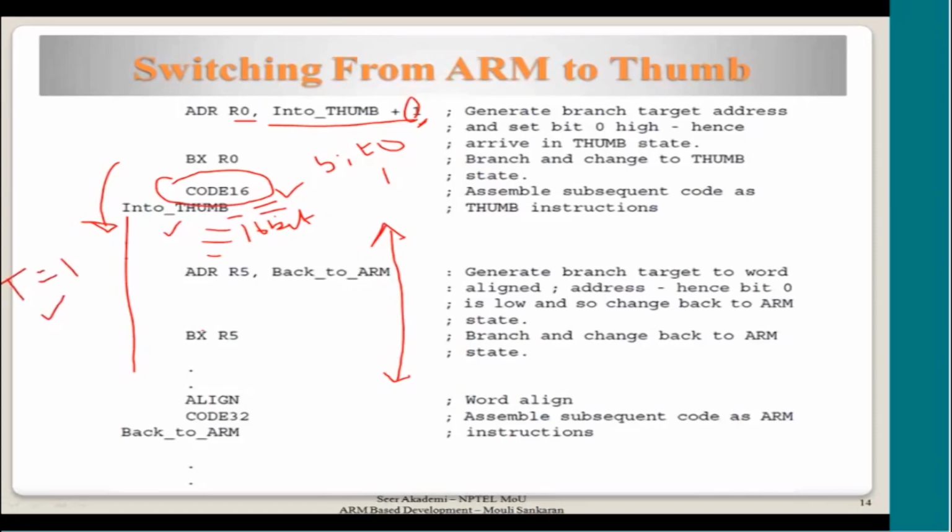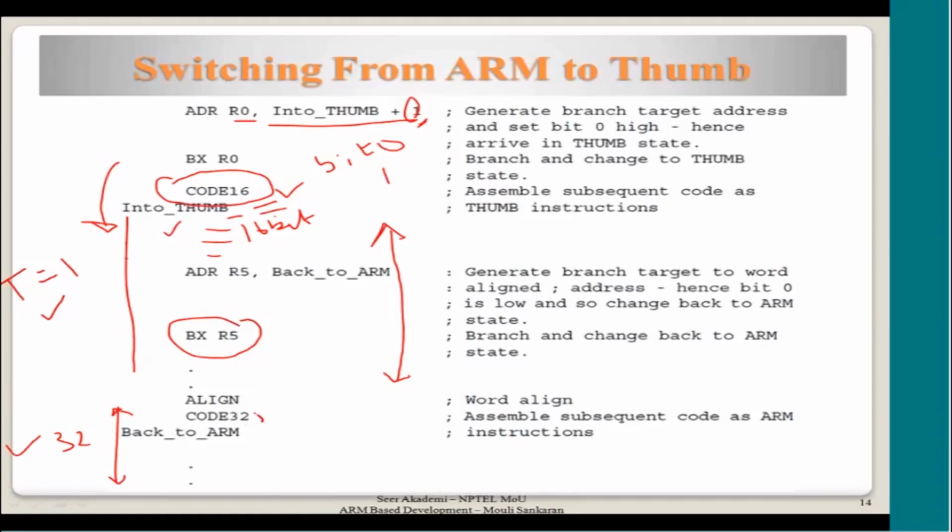Okay. Now as a programmer, you are interested in jumping back to ARM state because you want to execute maybe some very critical code which has to be 32-bit so that it can run faster. So you have written it in such a way that you are informing the assembler that, following this code, you generate 32-bit code.